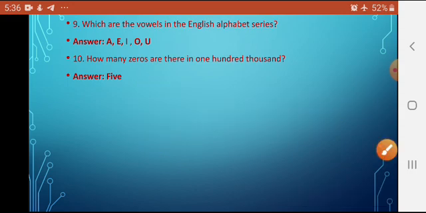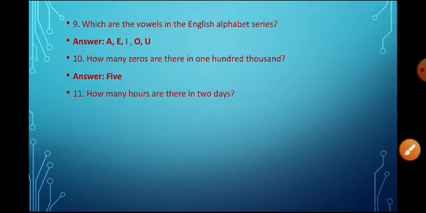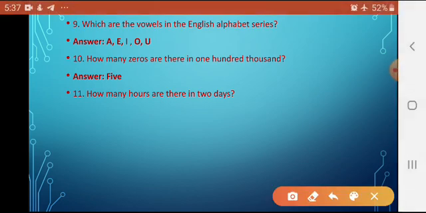Okay. Next question. How many hours are there in 2 days? So what will be the number of hours in 2 days? So as you know, in 1 day there is 24 hours.